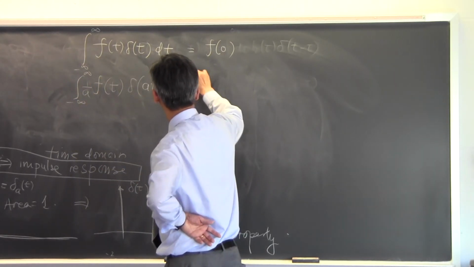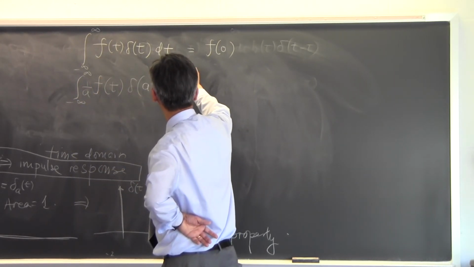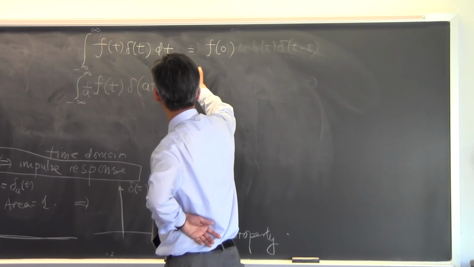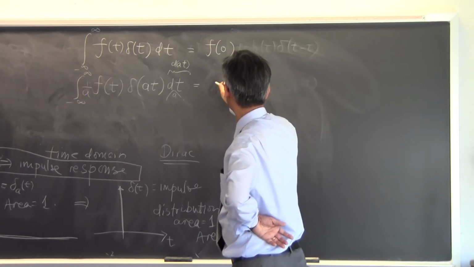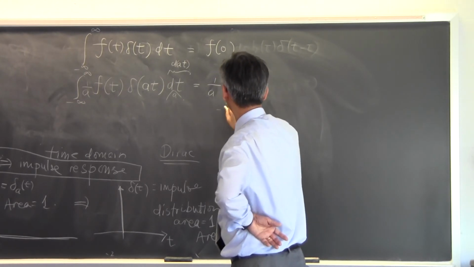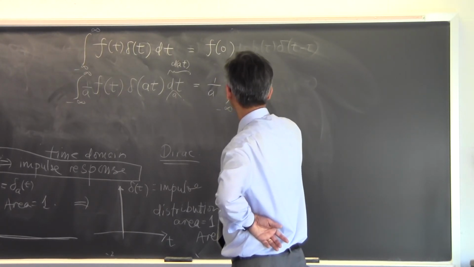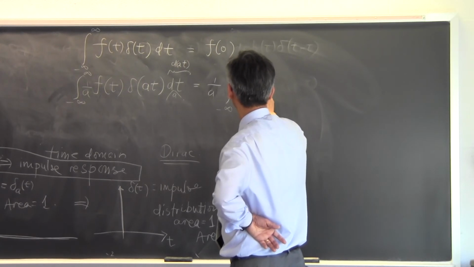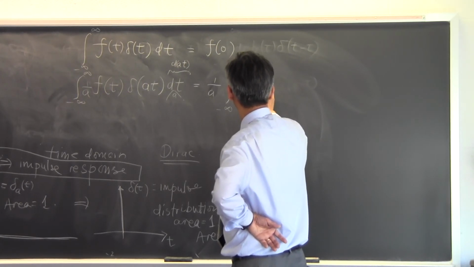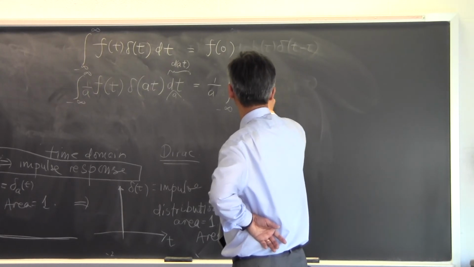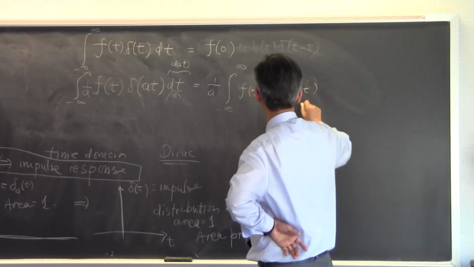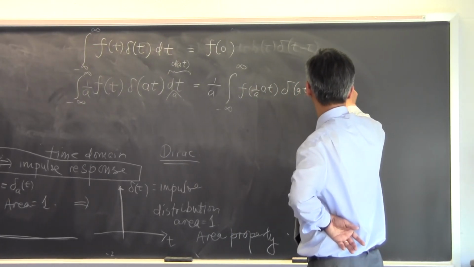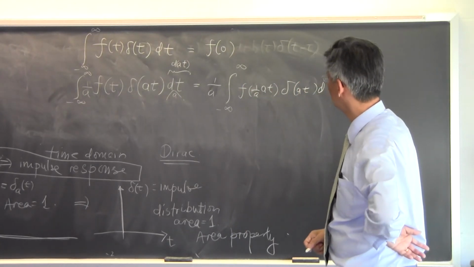So this thing becomes d(at). So this integral now is just 1 over a, integral from minus infinity to infinity of f of at over a, delta of at, d(at). Okay, you can write this integral as such.